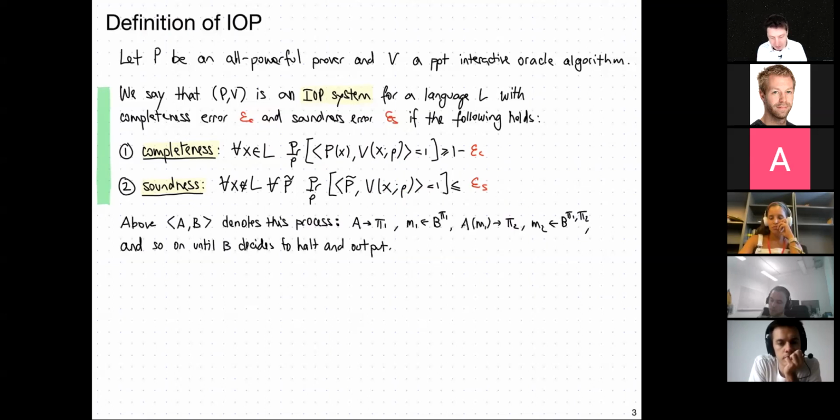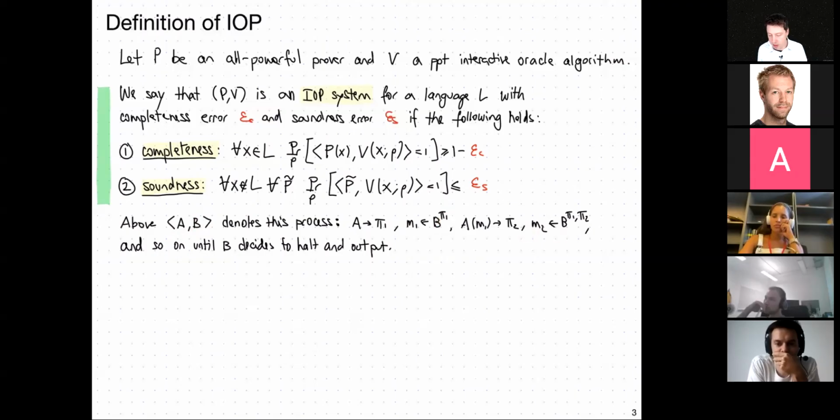And to make it clear, here the notation a comma b inside angle brackets denotes the process where the left algorithm, in this case the honest prover, or the malicious prover, sends a message, and the right algorithm b, in this case the honest verifier, has oracle access to that message in order to produce the next one.